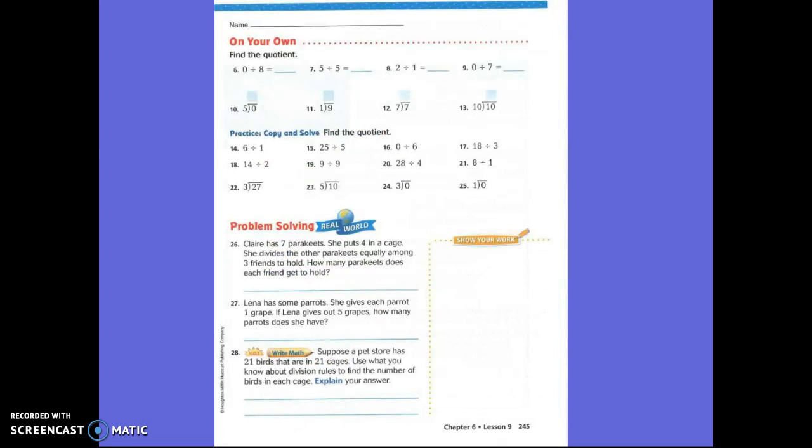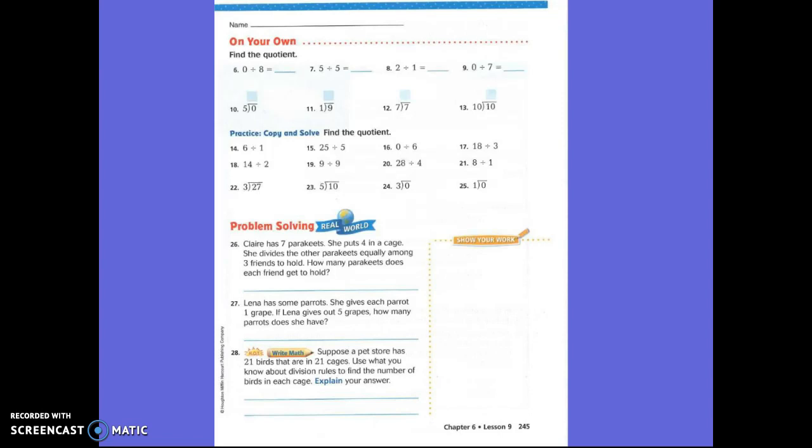Okay, boys and girls, read the hot problem. Suppose a pet store has 21 birds that are in 21 cages. Use what you know about division rules to find the number of birds in each cage. Explain your answer. Okay, there's 21 birds and 21 cages.